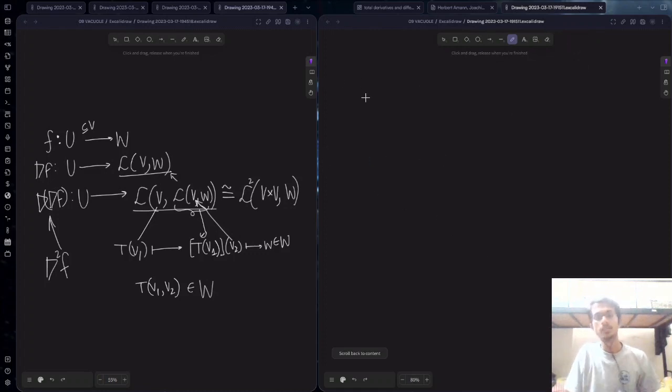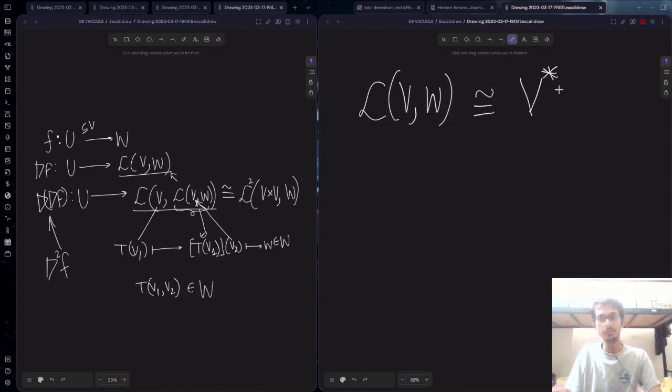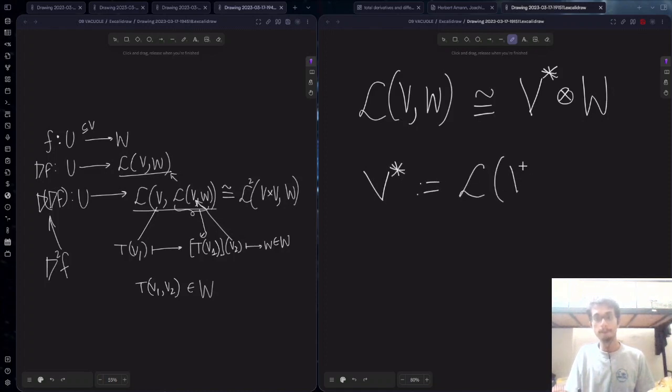To understand that, we have to consider the isomorphism that L(V, W) is isomorphic to the dual of V tensor product with W. What is the dual of V? It is the set of all linear transformations that take V to R.